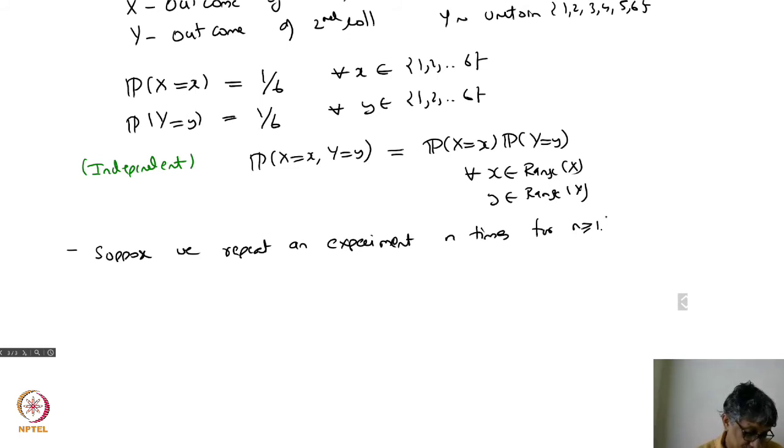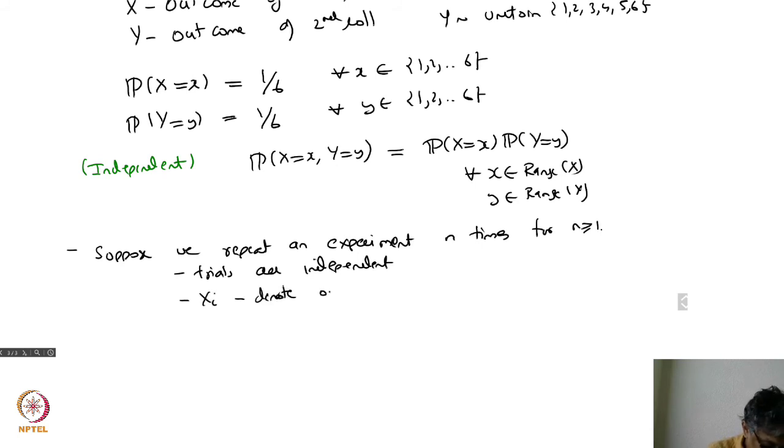And let's assume the trials are independent. Each trial of the experiment is independent. And then let Xi denote the outcome of the ith trial, for i equal to 1 up to n.